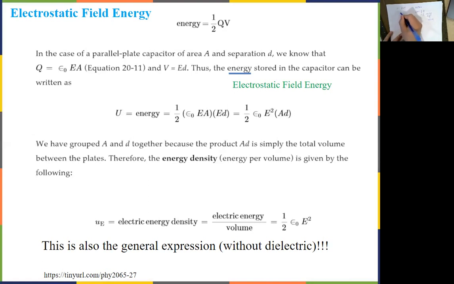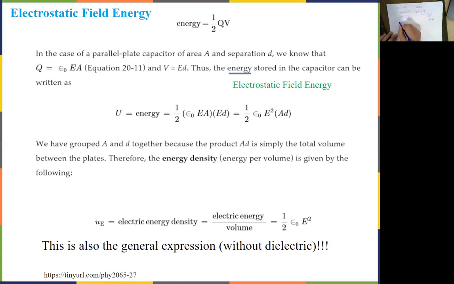So this is 1/2 epsilon naught times E times A, and then V is E times D, okay? So you can see this is 1/2 epsilon naught E squared times A times D. A is the area, D is the separation of the two plates, so A times D is the volume of the capacitor.